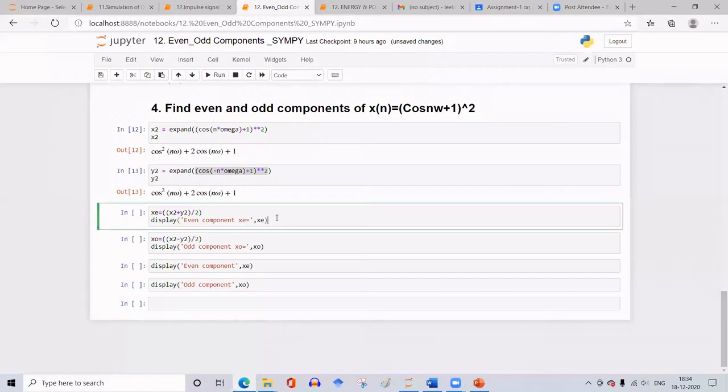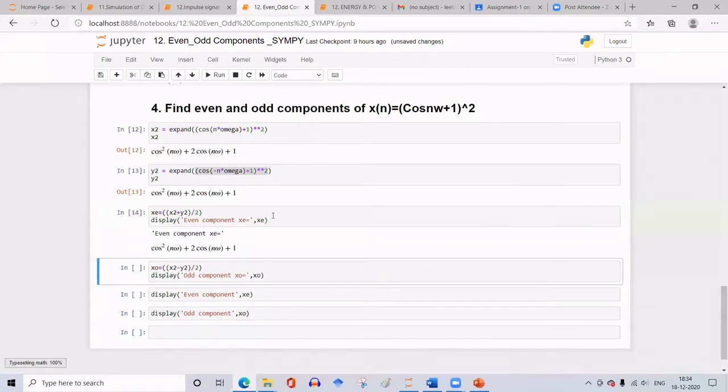And what about odd component? What do you get for odd component of this? Anyone? 0. Even component is sum of these two divided by 2.